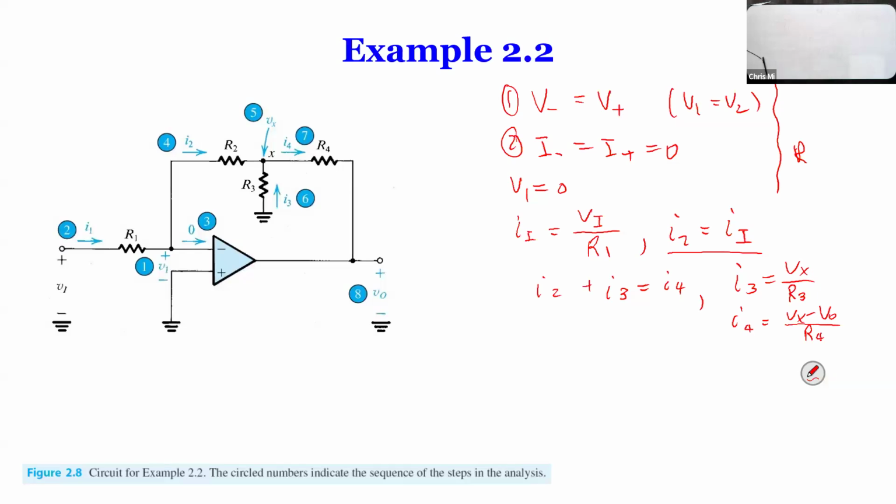But what I did with I3, you're right, I actually did it wrong. I3 should be 0 minus Vx, right. I4 is correct. I4 is Vx minus Vo, that's correct. So I3 is equal to minus Vx over R3.